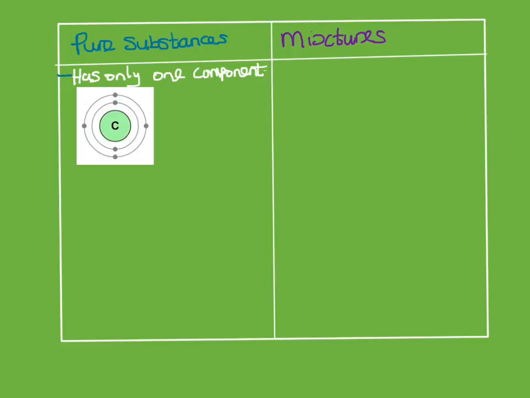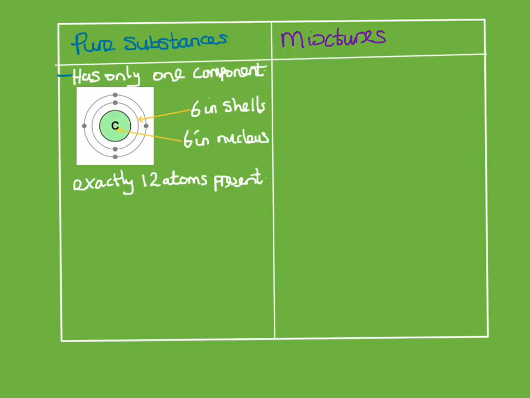That is, it has exactly 12 atoms present in it. It has 6 electrons in its shells and 6 neutrons and protons in its nucleus.